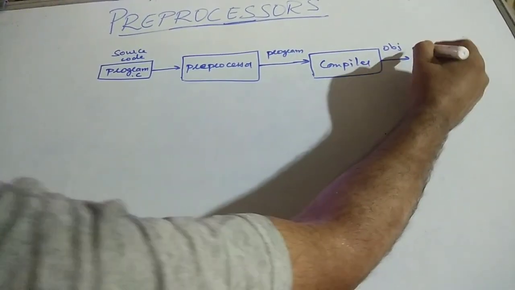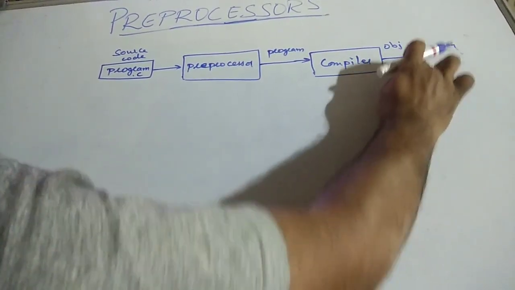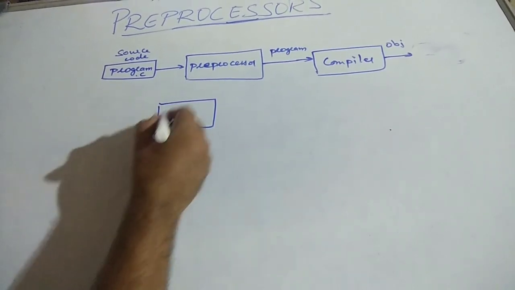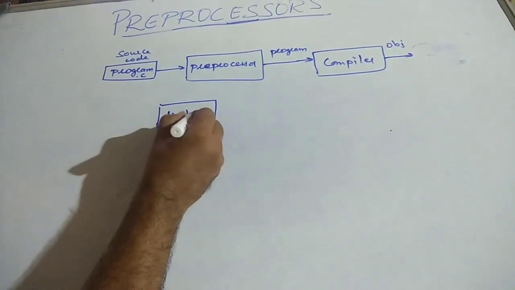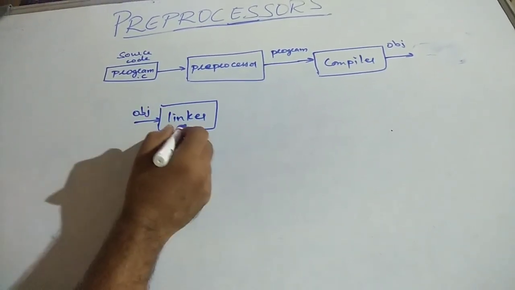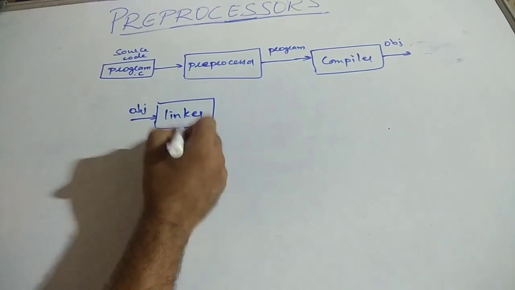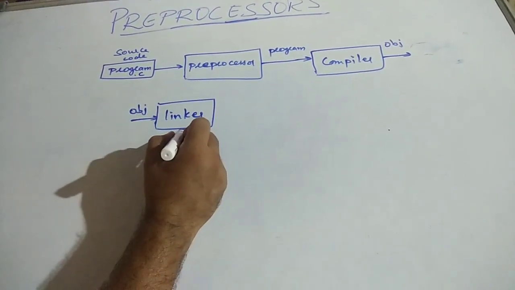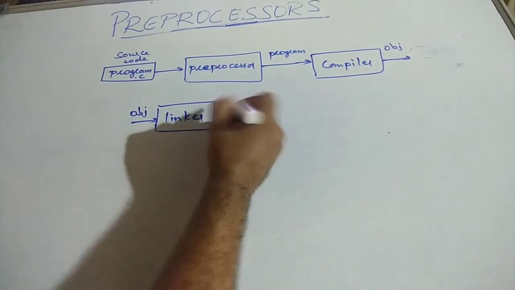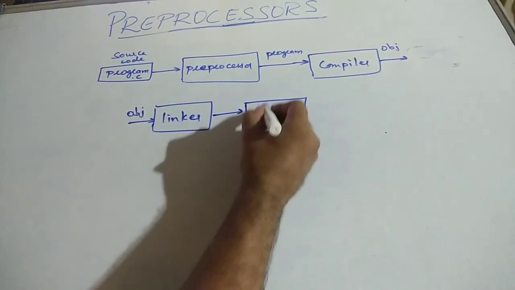Is it clear? After it has been successfully compiled, we'll send it to the linker. So here your obj file comes into the picture. Once it is sent to the linker, what does the linker do? The linker links the object code file to the object code of the other library functions in order to generate an exe file.